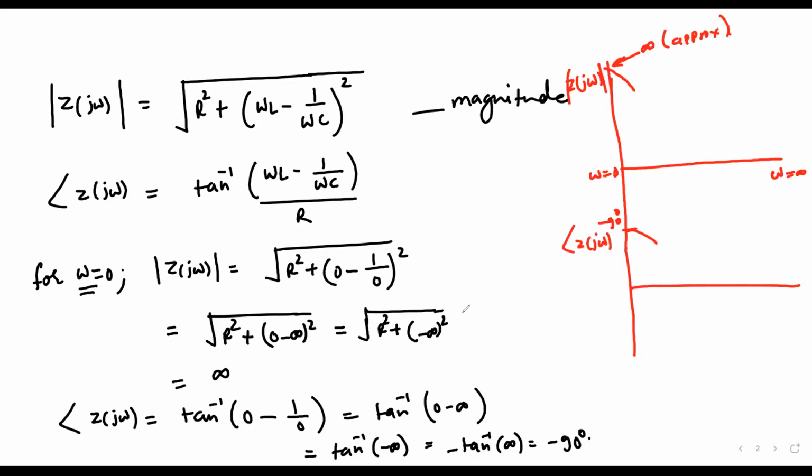Okay. Now for the second case, we come back here. For omega equal to, let's say, omega L is equal to 1 over omega C. If that is the case, we see that the magnitude of Z of j omega, let's write it properly, would take the form of the square root of R square plus zero, because omega L is equal to 1 over omega C. So this term becomes 0 now, because these two quantities are the same.